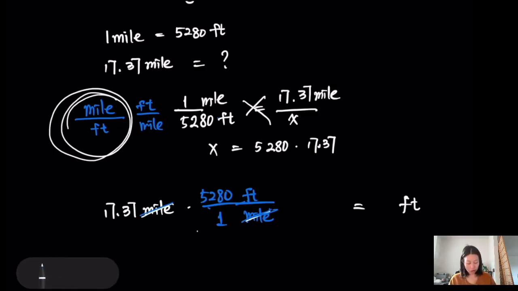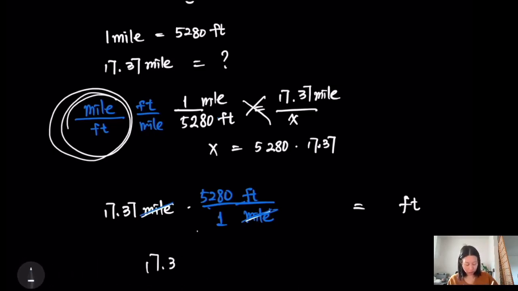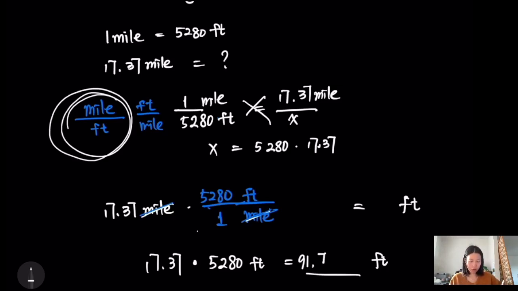Then we can just multiply 17.37 times 5,280 feet. We use a calculator and we got 91,713.6 feet. That's our solution.